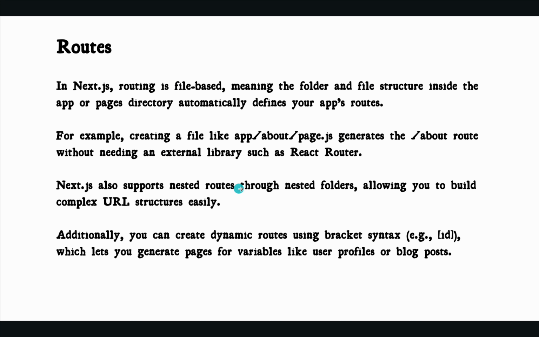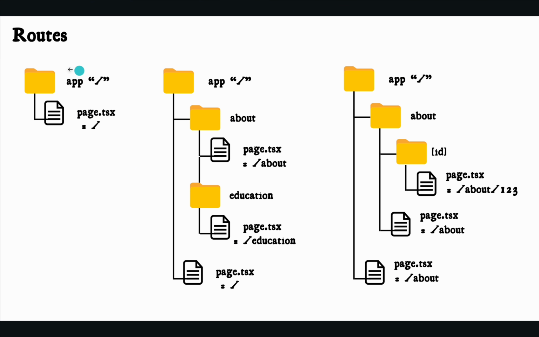Next.js also supports nested routes through nested folders, allowing you to build complex URL structures easily. Additionally, you can create dynamic routes using bracket syntax. For example, if you have an ID, you can name the folder bracket ID, which lets us generate pages for variables like user profiles, blog posts, etc. Okay, so I prepared this just to show you guys an example.